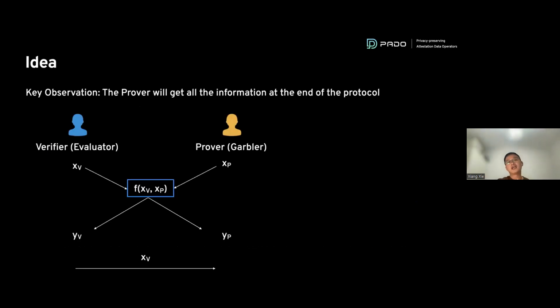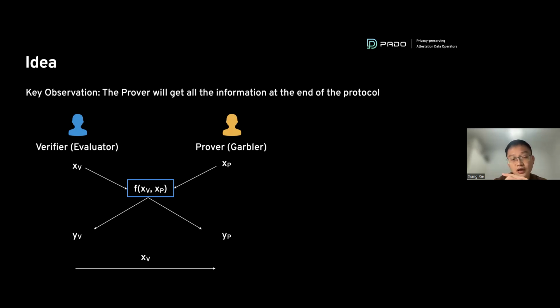The key observation is that when we consider the 2PC protocol, the case in this problem is not a general 2PC protocol. At the end of the protocol, the verifier will send back the key shares to the prover. So we abstract the problem a little bit.